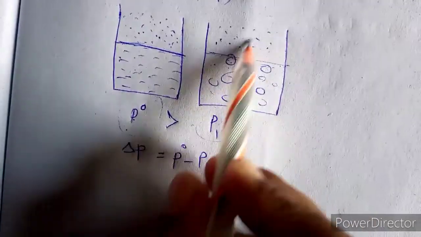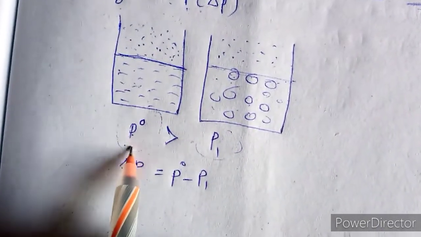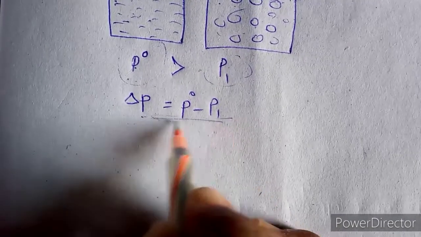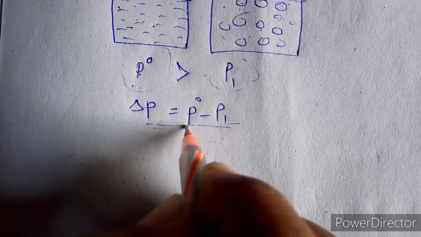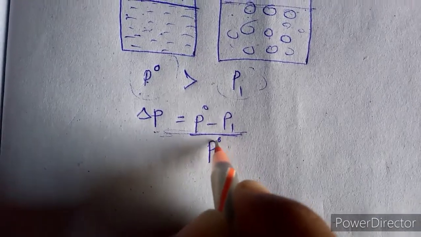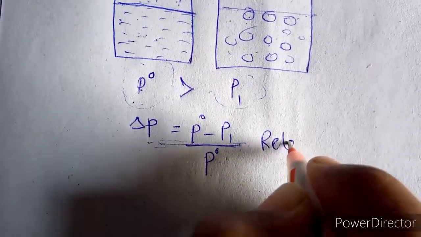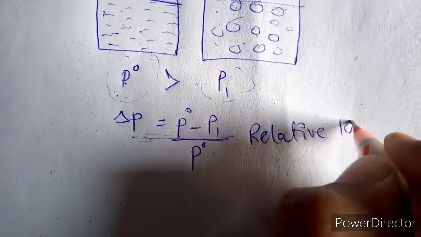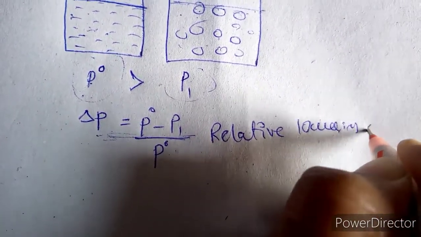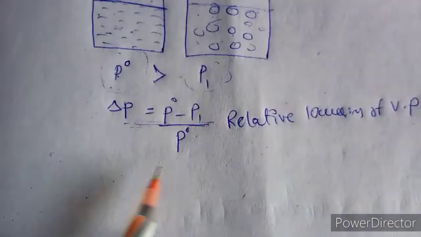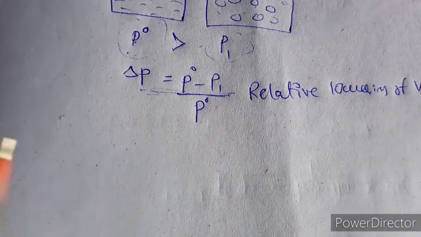If we subtract the vapor pressure of the solution from the vapor pressure of the solvent, we get the decrease in vapor pressure. This is called lowering of vapor pressure. This lowering of vapor pressure divided by the pure vapor pressure of the solvent is called relative lowering of vapor pressure. And this relative lowering of vapor pressure is related to mole fraction.